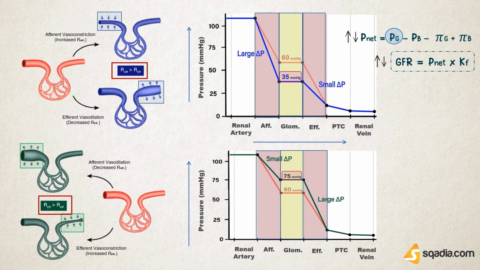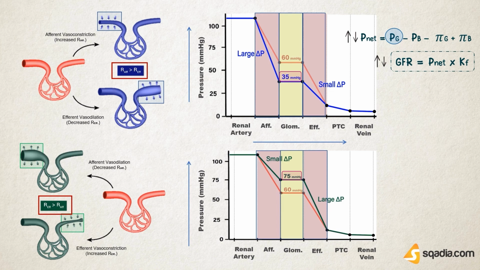So there we have two sets of changes in efferent and efferent arteriole resistances that bring about two different outcomes, either an increase or decrease in the glomerular hydrostatic pressure, resulting in an increase or decrease in the GFR respectively.